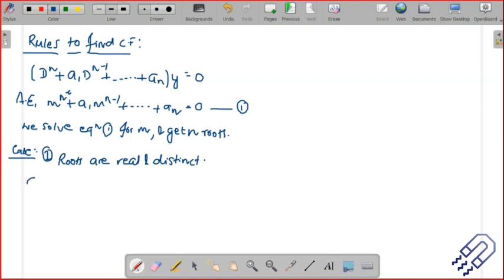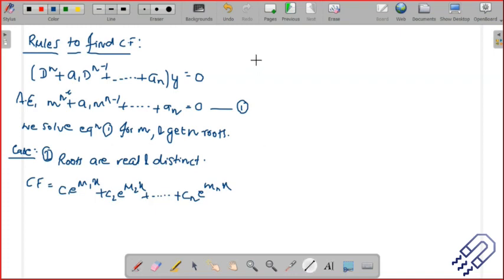So in that case, if you want to write down the complementary function, the complementary function would be nothing but c1 e^(m1 x) plus c2 e^(m2 x) plus cn e^(mn x). Okay, so just by writing this, maybe you'll get confused.